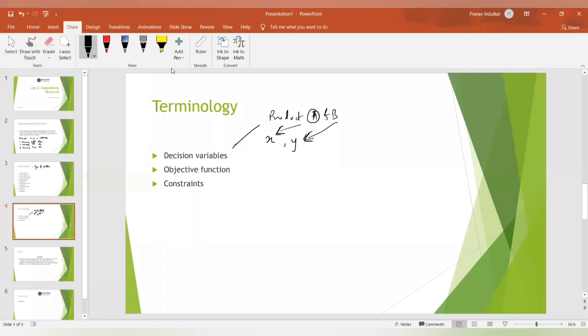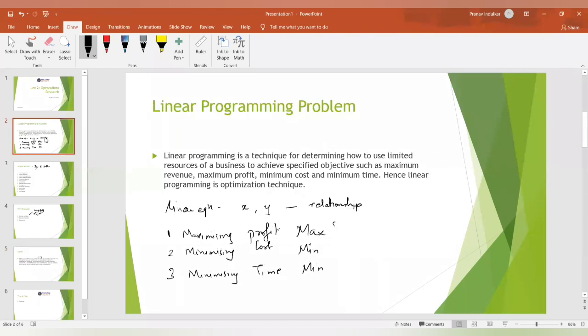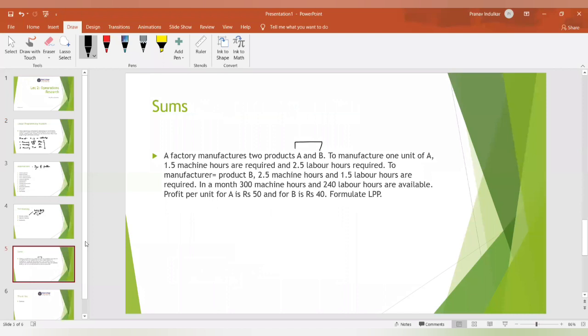Next part is the objective function. In the question or problem, you will be given an objective. Now in this entire question, is there any objective out of these three? Do we find any one in the question? Time?